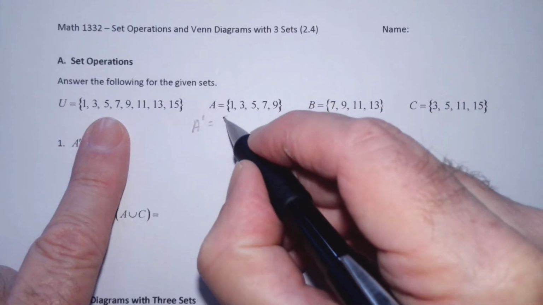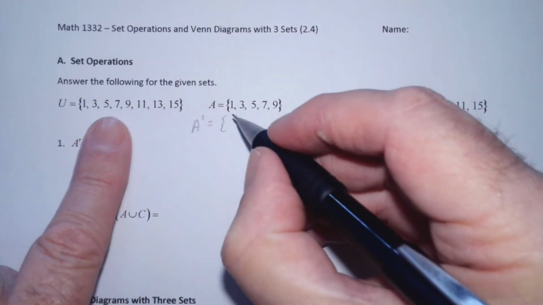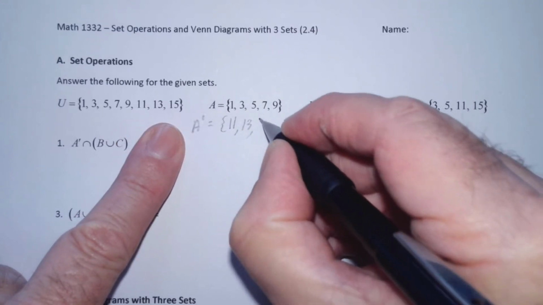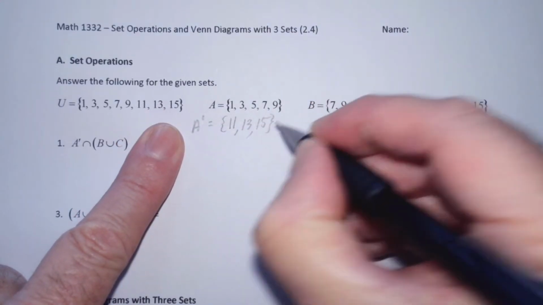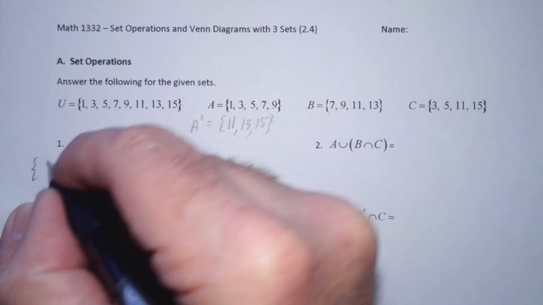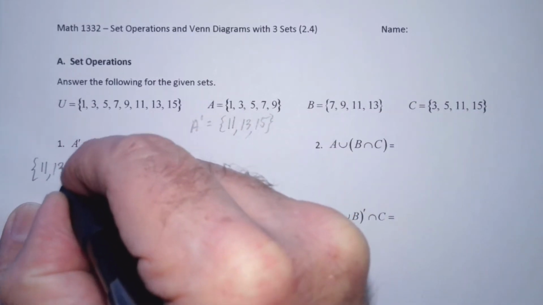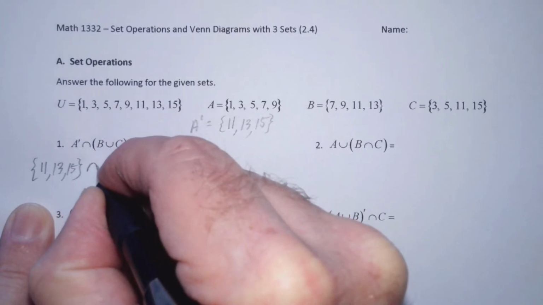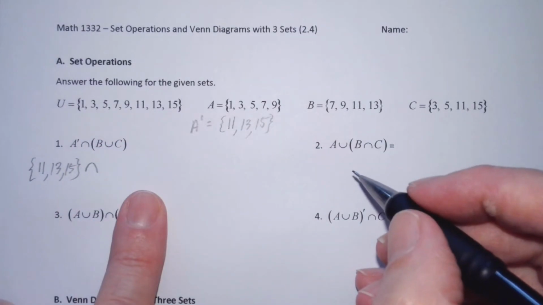So it's just going to be the odd numbers greater than 9. So that would be 11, 13, and 15. And so I'm going to go ahead and write that set right here. 11, 13, and 15. And we're going to intersect that with B union C.